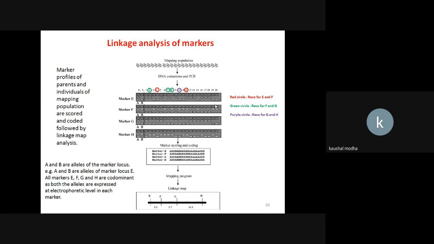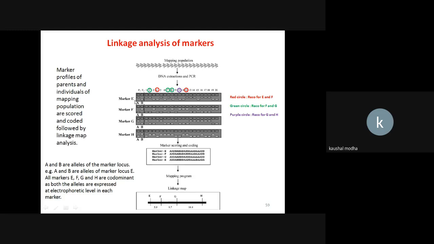Now, so far, as I mentioned earlier, we have genotyped the parents with markers. Let us say, for simple understanding, we consider 4 markers at a time. And through this slide, I want to show you how molecular marker maps are prepared during QTL analysis. 4 markers are there: marker E, F, G, and H. This is the profile for the parents, A and B. A and B are the alleles of the marker.